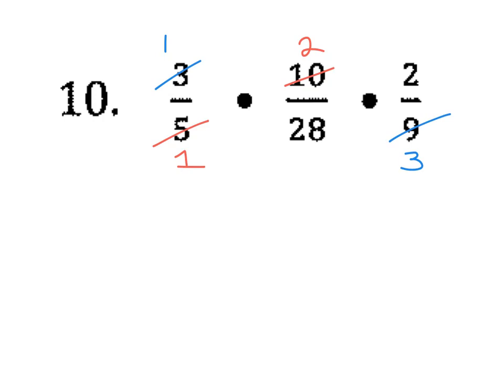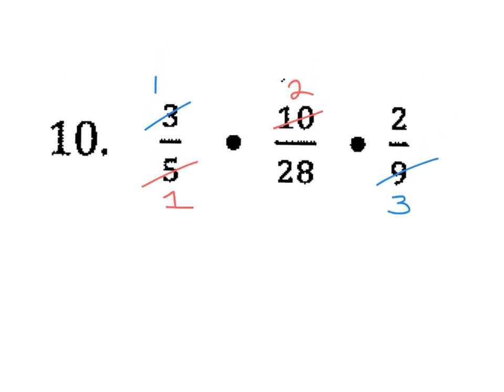Now, at this point, I could do a couple different things. First off, I can see that 2 and 28 are on top and bottom. So what I'm going to do is I'm going to divide 2 by 2, so that makes 1, and 28 by 2, which makes 14.